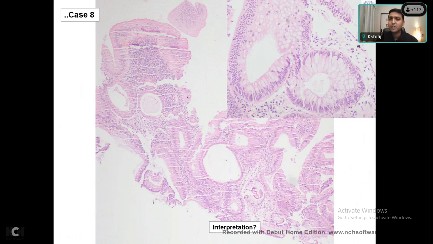The crypt architecture is distorted, and the lamina propria shows increased inflammatory cells. So that means it is chronic colitis or ileitis, based on the site. And then you are saying in the background there is possibly some low-grade dysplasia. Yes, you are correct. This is actually evidence of focal low-grade dysplasia, IBD associated, in a known case of Crohn's disease.